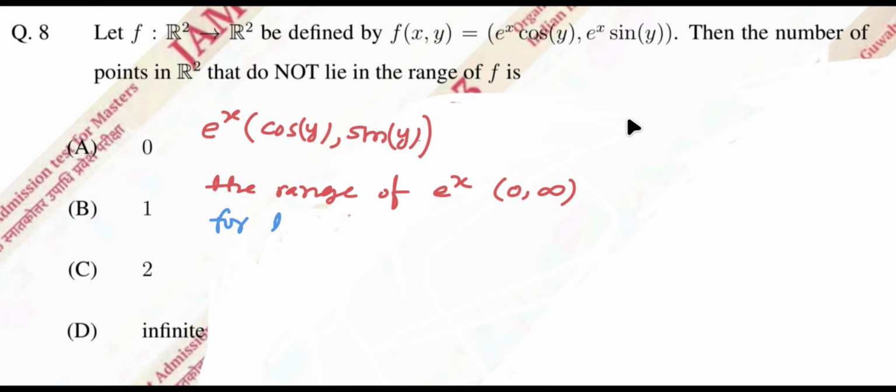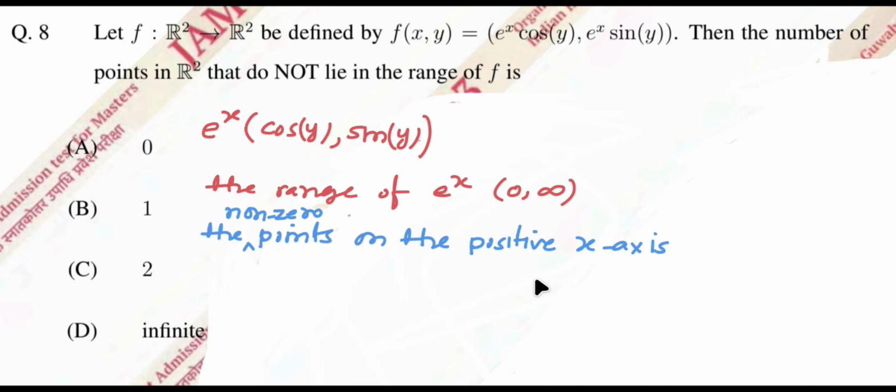First we go for the positive x-axis, and for that the y coordinate should be 0. So obviously we can take y equals 0, and then sine 0 is 0 and cos 0 is 1. So this is a non-zero positive number and this is 0.